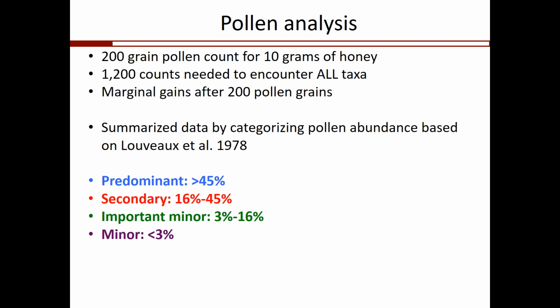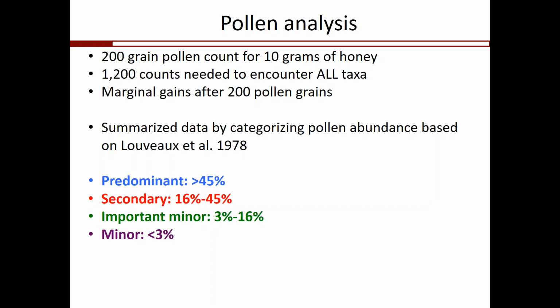After that, we summarize our data by categorizing it based on pollen abundance from our 200 grain pollen count. And we base this off Louveaux et al. 1978. So pollen types that were over 45% abundant are predominant in a sample. And whenever you have a predominant pollen in a sample, that's when the International Honey Commission will officially call it a monofloral honey.